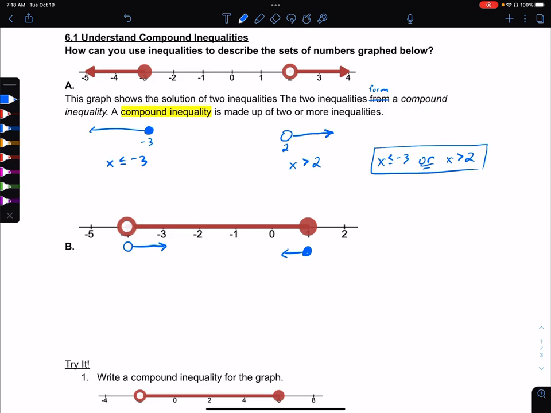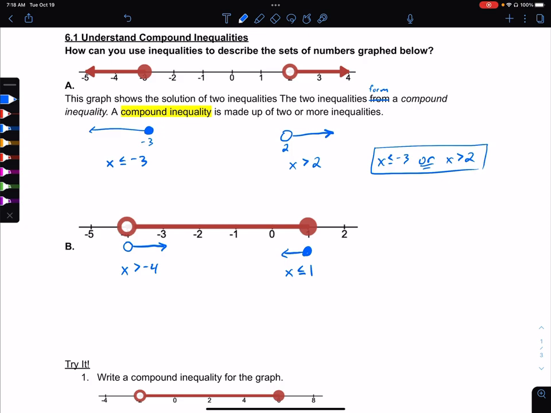So this left one, we could say is x is greater than -4. Next open circle would just be greater than, no equal sign. And since it's going to the right, that's why it's greater. And then the one on the right here is, again, we would shade to the left if we were thinking about that by itself. So x would be less than or equal to, closed circle, +1.